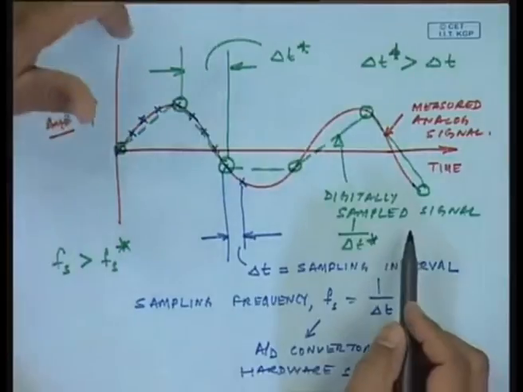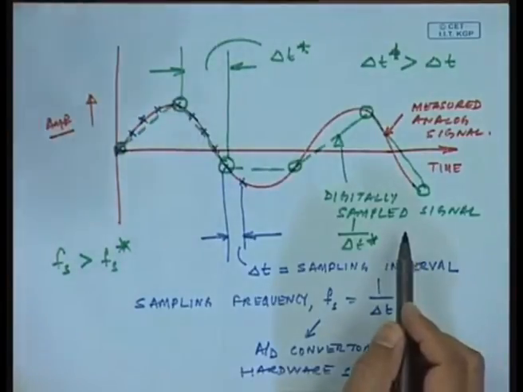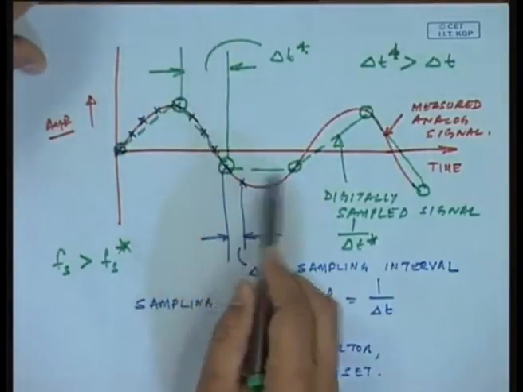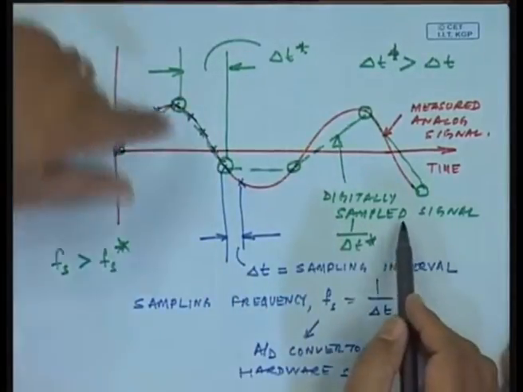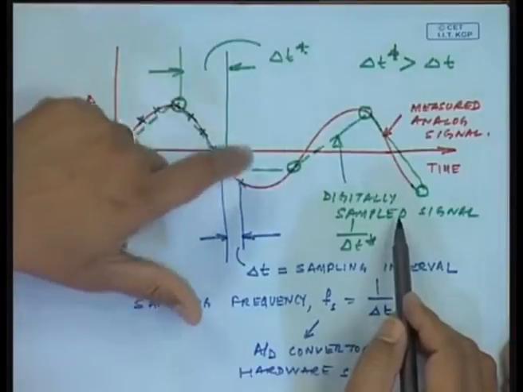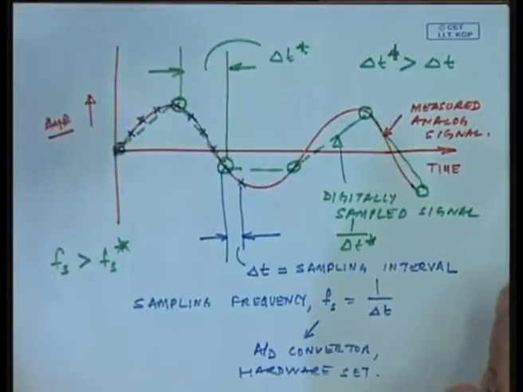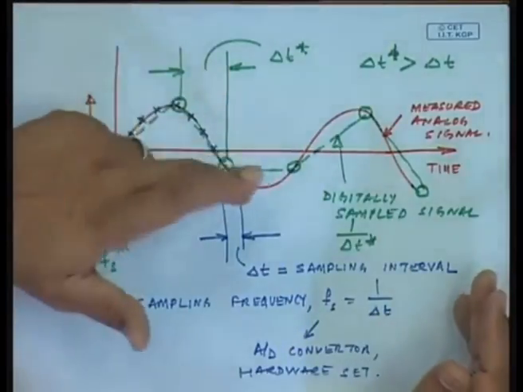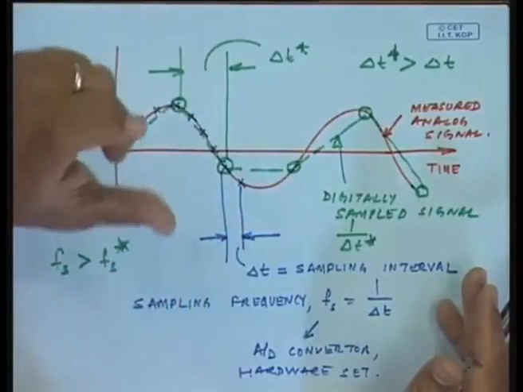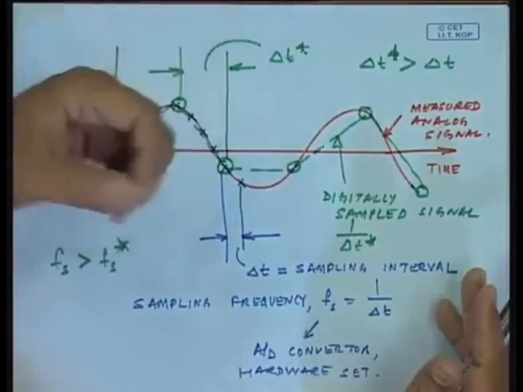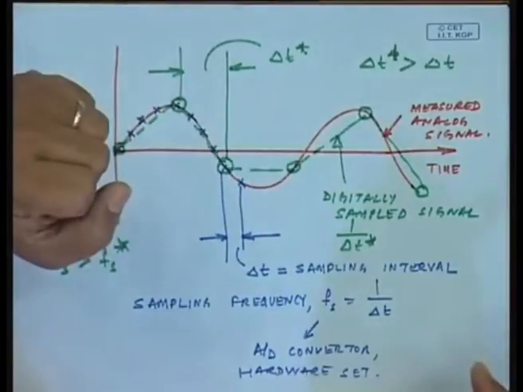If my sampling frequency is less, I have a distorted green signal. And so, if my computer will try to understand the red signal as the green signal, I have a problem. I am not able to correctly or faithfully represent my original red signal by having a sampling rate lower than the required amount of sampling.